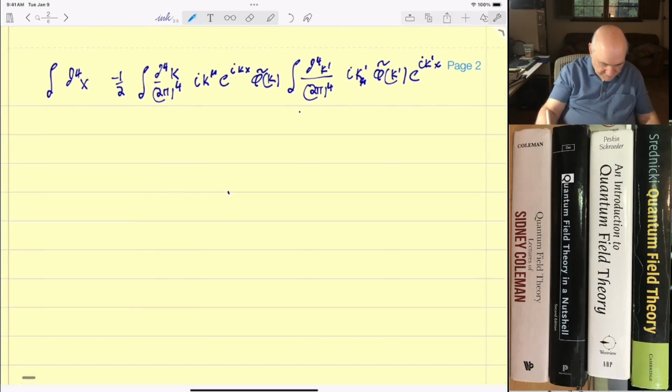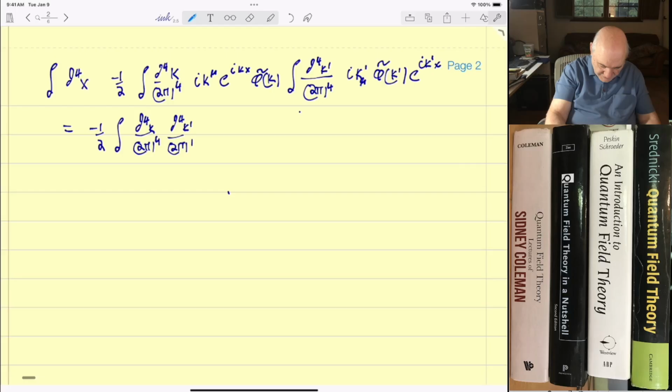So this is equal to minus 1/2. Now let's just rearrange the integrals: d^4k over (2 pi)^4, d^4k prime over (2 pi)^4. The i's in the two terms give us a minus sign.